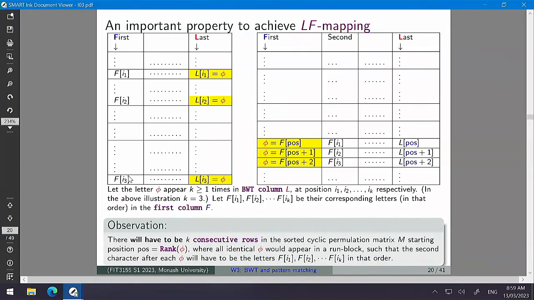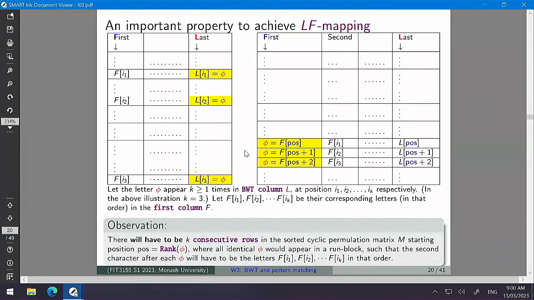Now, if that is true, if the phi appears in the first column and phi is before the first, last comes before first, the combination of letters that are in the last and first is a 2-gram, isn't it? A substring of length 2.